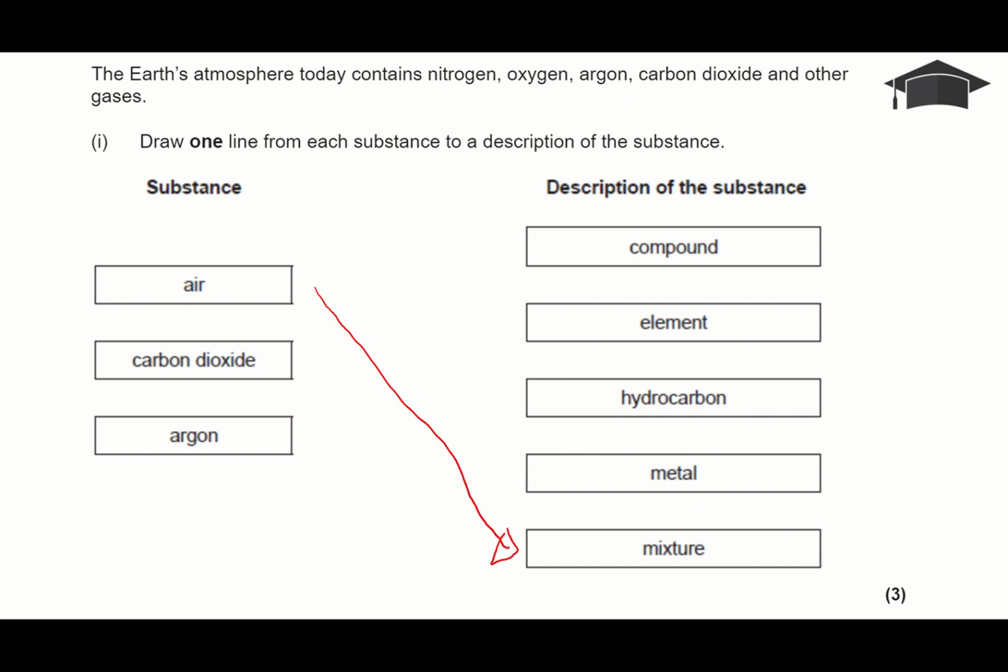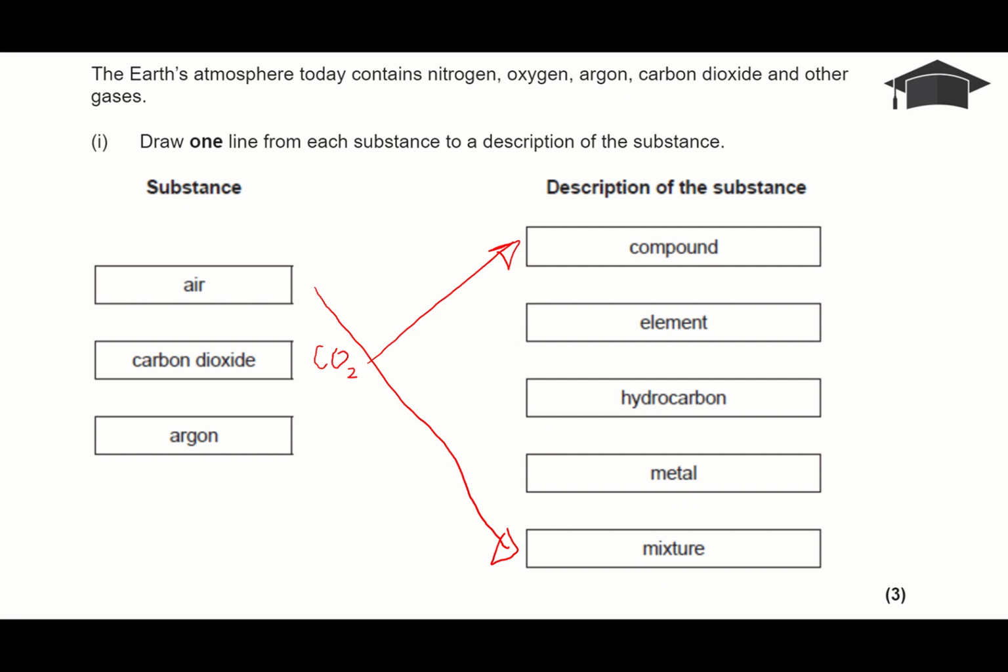Carbon dioxide. Now this is certainly two elements joined together chemically. So that's carbon and oxygen, like so, right? Now these are two elements chemically combined together to make a new compound. So we would say it's a compound.